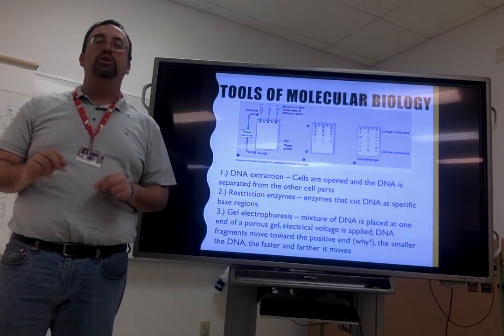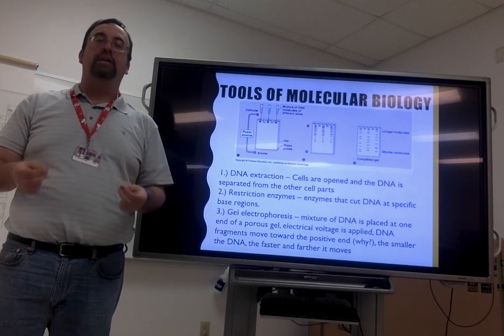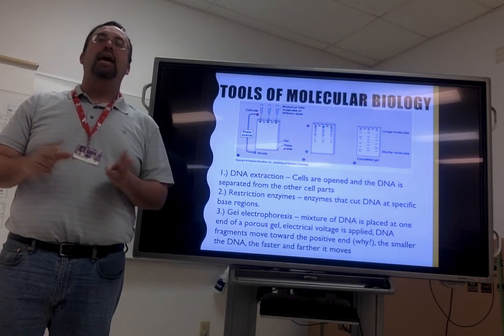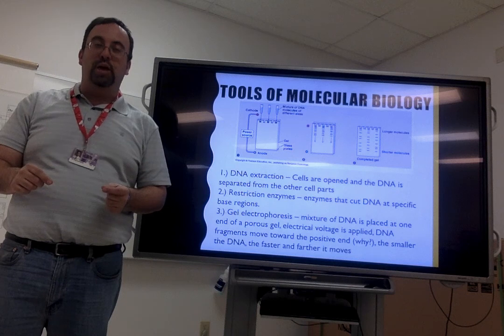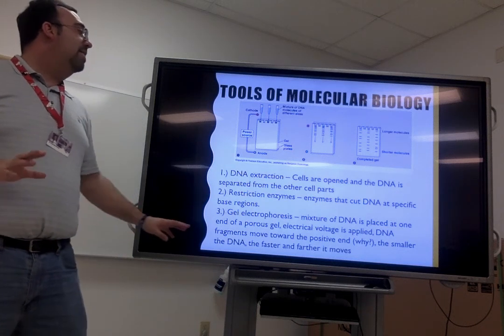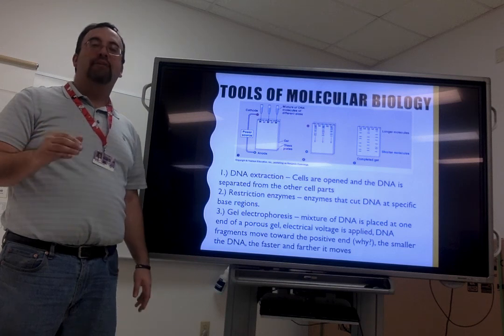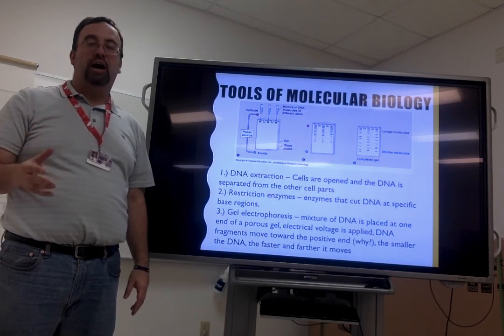You not only do it to the donor cell, but you do it to the acceptor cell as well. So you're basically able to cut and then paste the gene or DNA of interest into a particular organism.